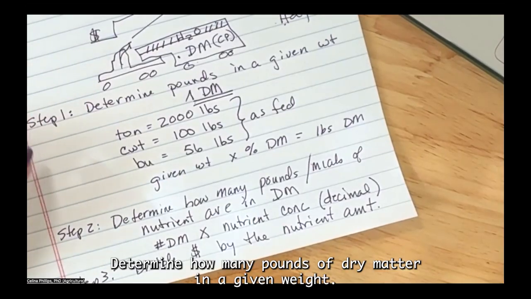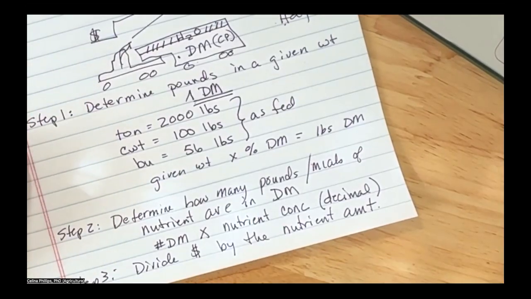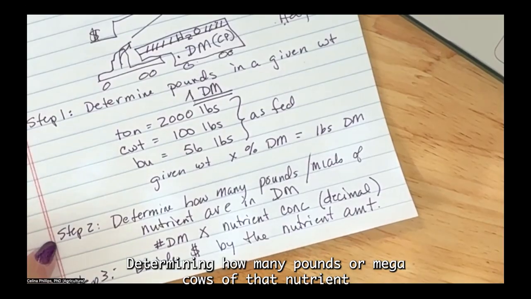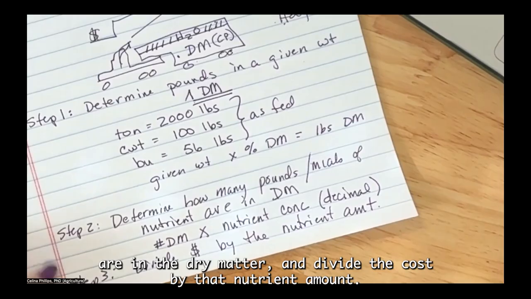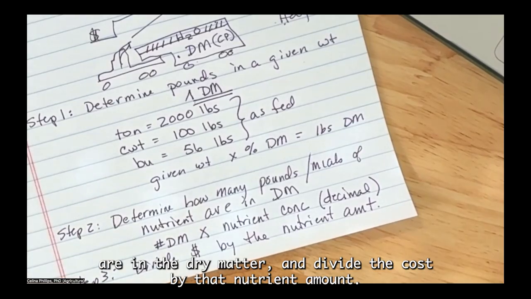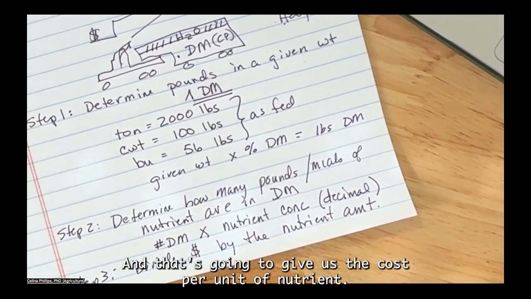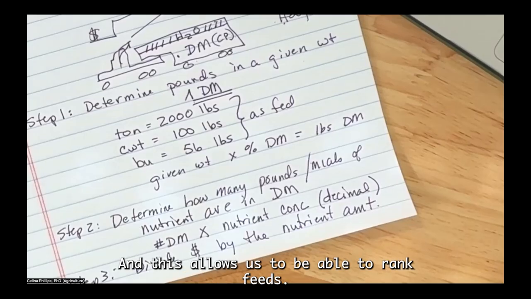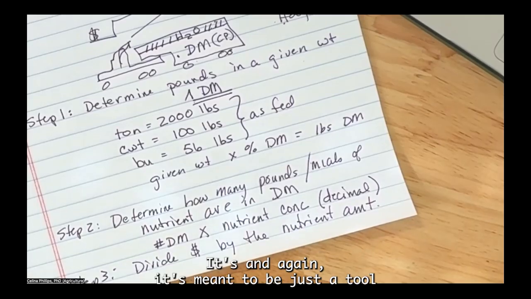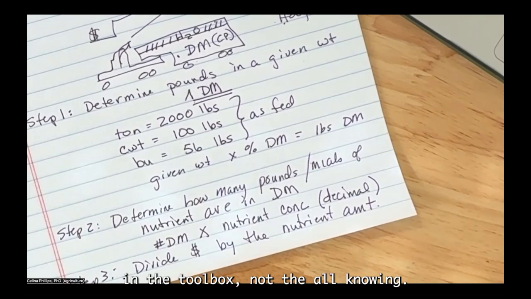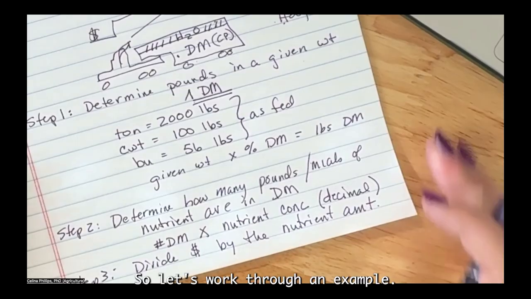Determine how many pounds of dry matter in a given weight, determine how many pounds or megacals of that nutrient are in the dry matter, and then divide the cost by that nutrient amount. And that's going to give us the cost per unit of nutrient. This allows us to rank feeds. And again, it's meant to be just a tool in the toolbox, not the all-knowing. So let's work through an example.